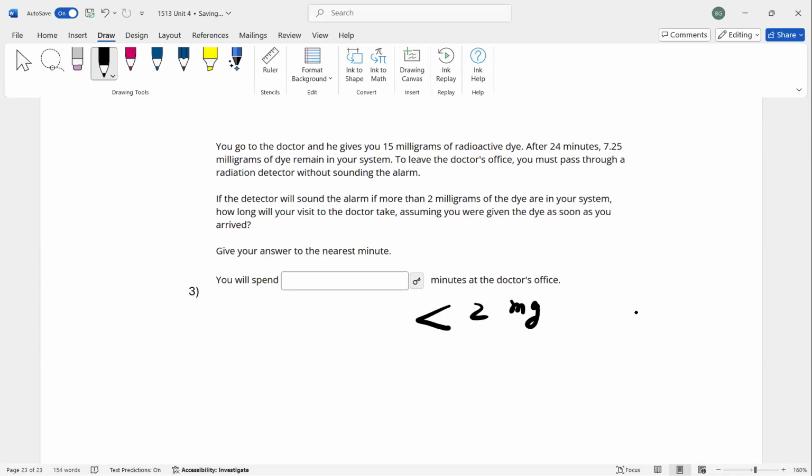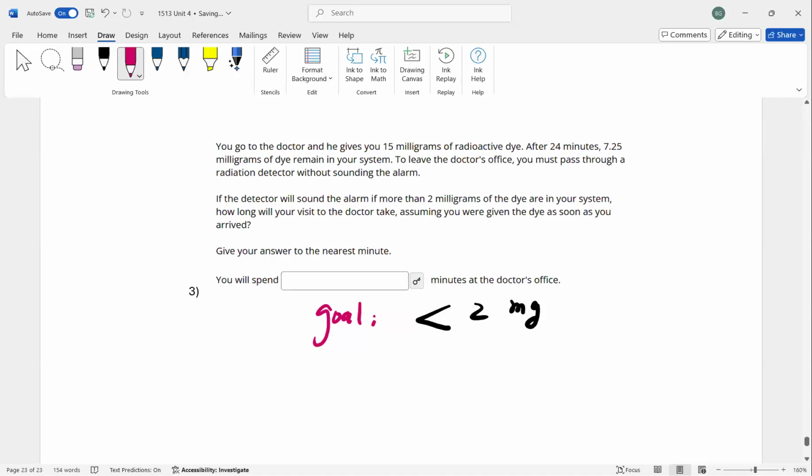Then you leave the doctor's office. So that's the goal, to pass the detector. The goal is to stay enough time in the office such that the dye in your system is less than 2 milligrams.